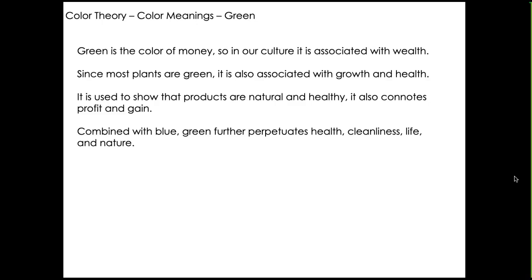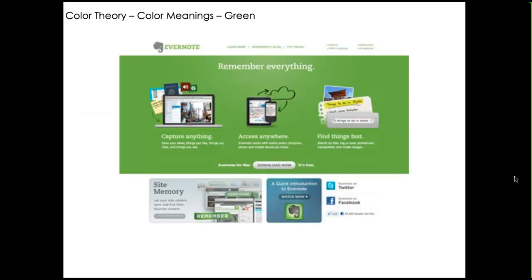So that issue of growth and health go hand in hand. So it's used to show that products are natural and healthy. It also connotes profit and gain, and when combined with blue-green, further perpetuates health, cleanliness, life, and nature. So here we have some websites.